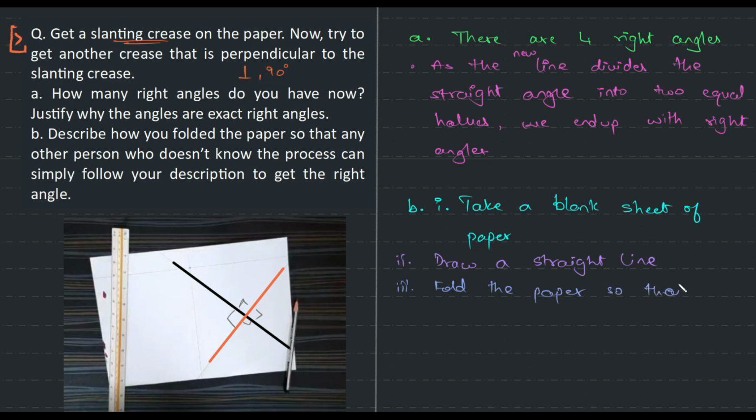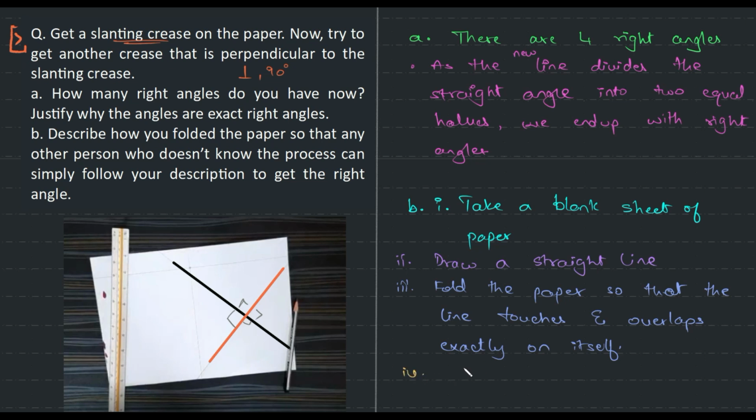so that, this is where the key is, the line touches and overlaps exactly on itself. Okay.